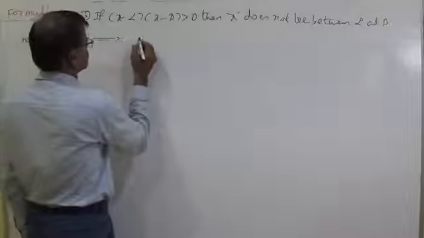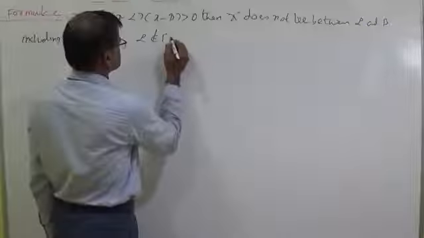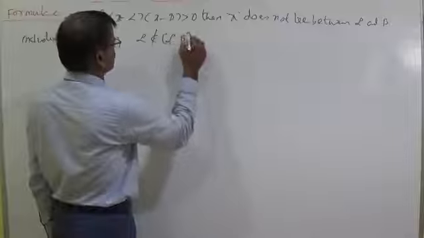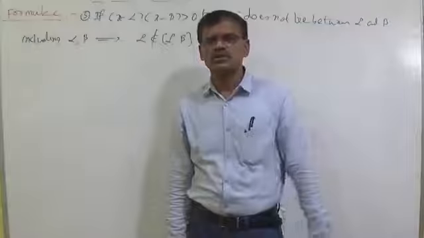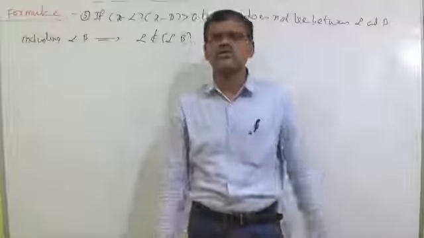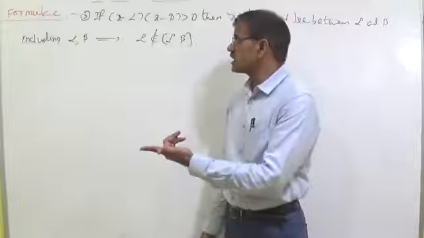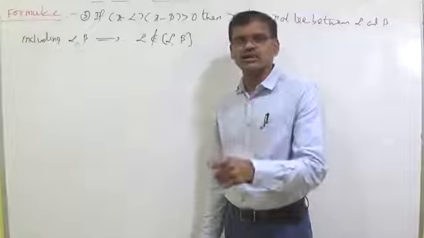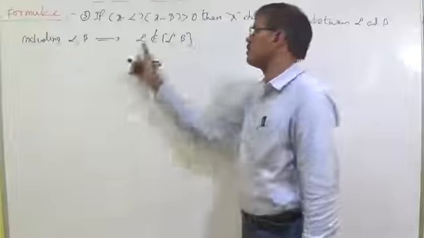That implies alpha does not belong to the closed interval [alpha, beta]. Whenever it is a negation statement, an opposite statement, open becomes closed and closed becomes open. Here, greater than 0: in the second formula I said whenever the equal to symbol is there, I put a closed interval. Here, whenever the equal to symbol is not there, you should put a closed interval.